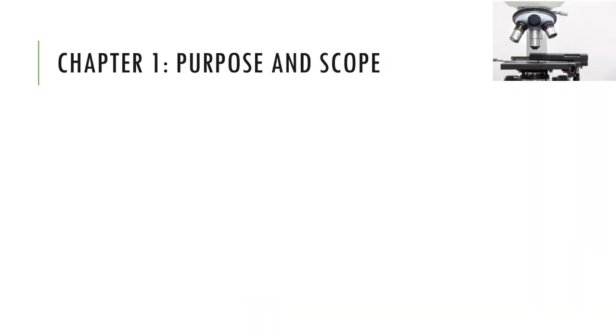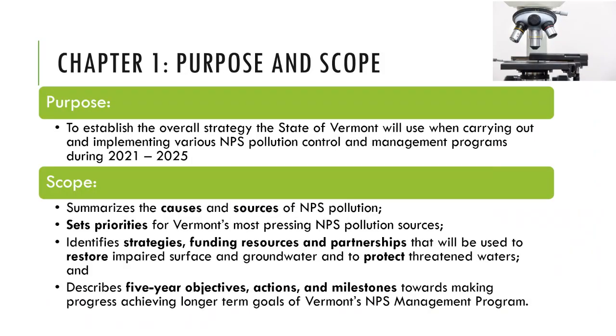So here we go. Chapter 1, start there. It goes over the purpose. What does this do? Why do we have this? The main purpose is, of course, to establish an overall strategy that the state of Vermont will use when carrying out and implementing the various non-point source pollution control and management programs.